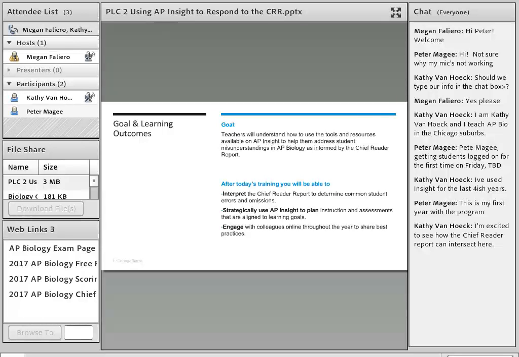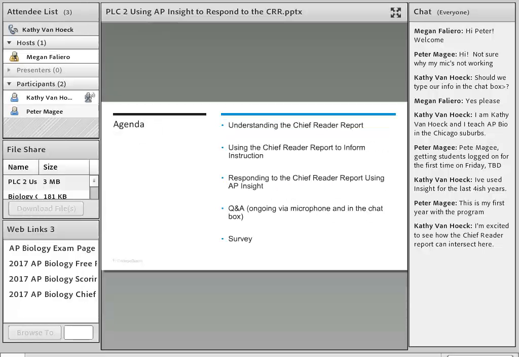Hopefully after our time together, you'll know where the Chief Reader Report is, in case you don't use it, and be able to look at it to find out where the kids are making mistakes, and then what AP Insight has that will address that. So that's our plan. And also to engage with somebody in DC and Chicago that I don't get to talk to very often. All right, there's our agenda.